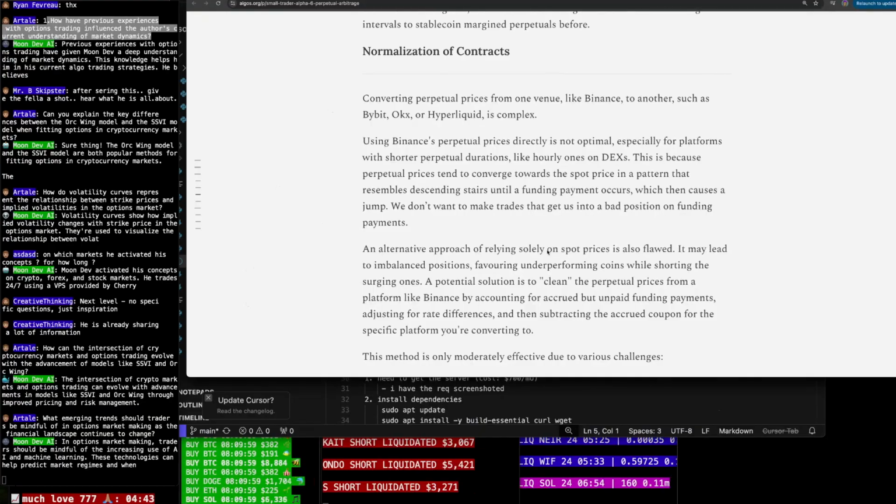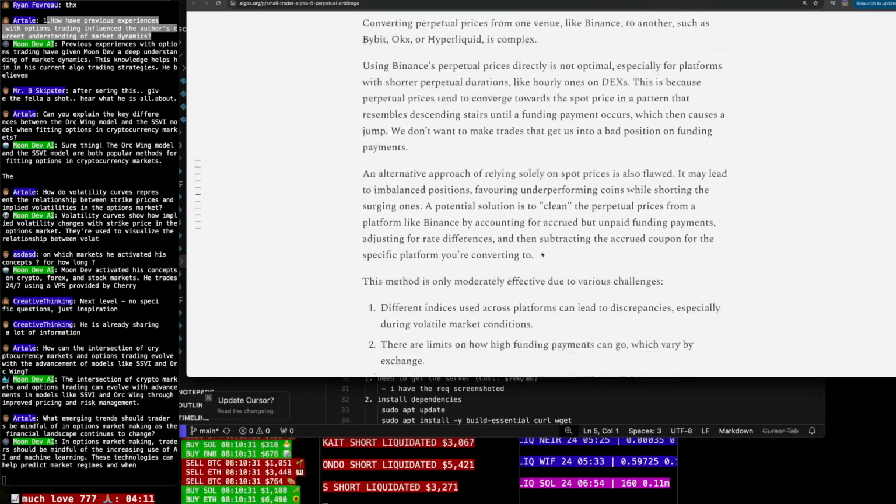An alternative approach of relying solely on spot prices is also flawed. It may lead to imbalanced positions favoring underperforming coins while shorting the surging ones. A potential solution is to clean the perpetual prices from a platform like Binance by accounting for accrued but unpaid funding payments, adjusting for rate differences, and then subtracting the accrued coupon for the specific platform you're converting to.